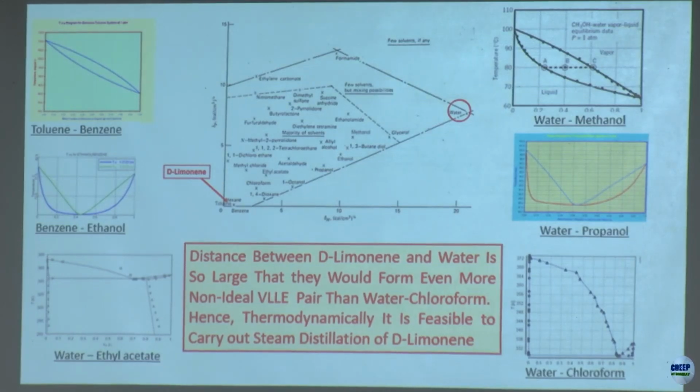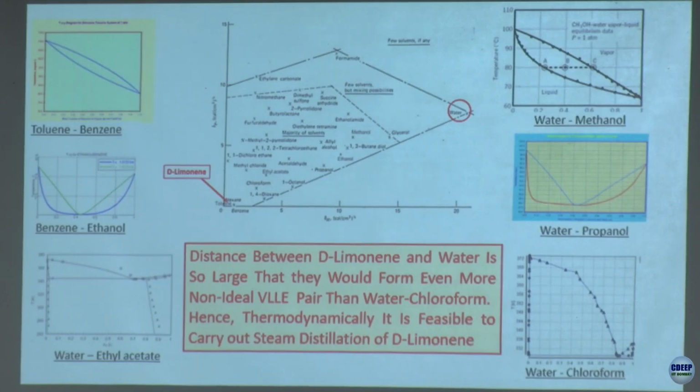we first looked at whether steam distillation is possible or not. We used the Hansen solubility parameter diagram, and the greater the distance between the solvent or any kind of process aid and the molecule under consideration, the larger the likelihood of getting such kind of phase equilibria.